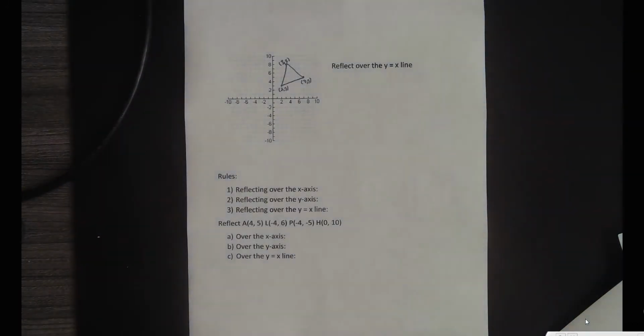Okay, we've got one more transformation here, and that is reflecting over the y = x line. So if I reflect over the y = x line, what's going to happen?